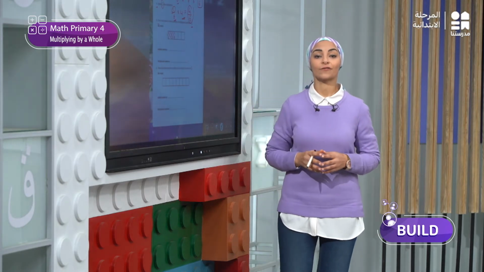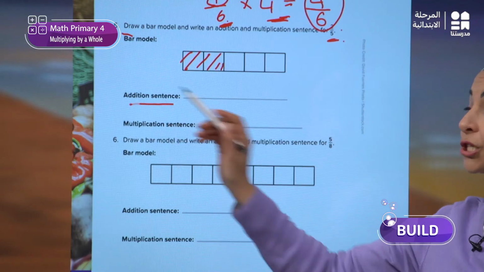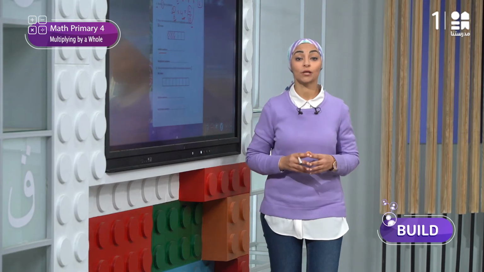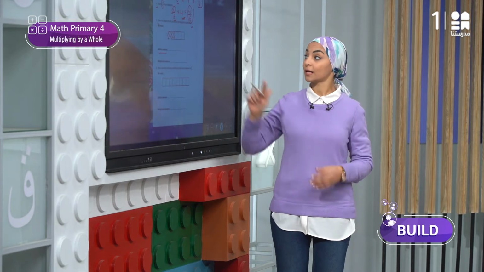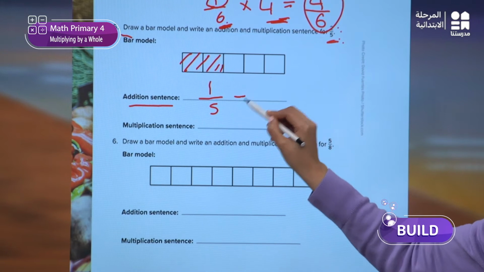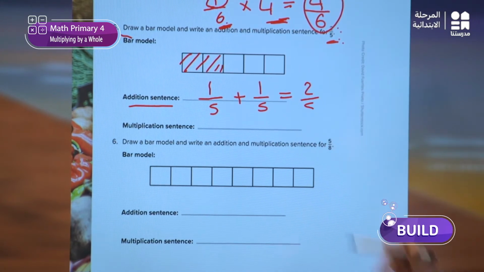Okay, how can this fraction be expressed in an addition sentence? How will I write it? I will decompose the fraction into unit fractions. We agreed the unit fraction has 1 in the numerator. So how will I write 2/5? I will write 1/5 plus 1/5. Isn't it that 1/5 plus 1/5 gives me 2/5?